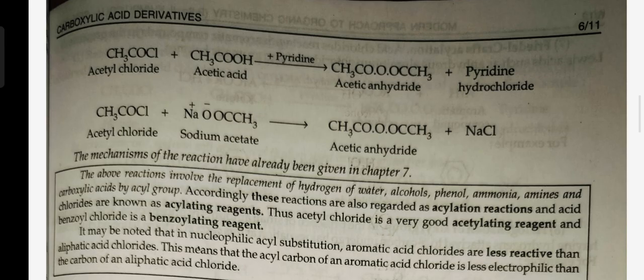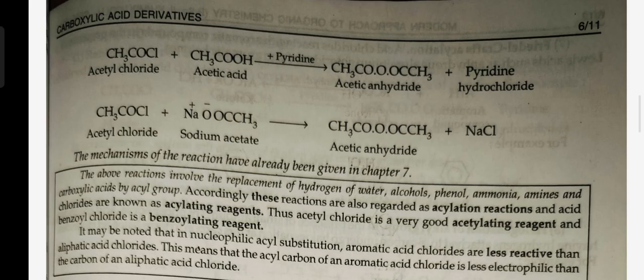The above reactions involve the replacement of hydrogen of water, alcohol, phenol, ammonia, amines and carboxylic acid by an acyl group. Accordingly, these reactions are all regarded as acylation reactions and acid chlorides are known as acylating reagents. Acetyl chloride is a very good acylating reagent and benzoyl chloride is a benzoylating reagent.